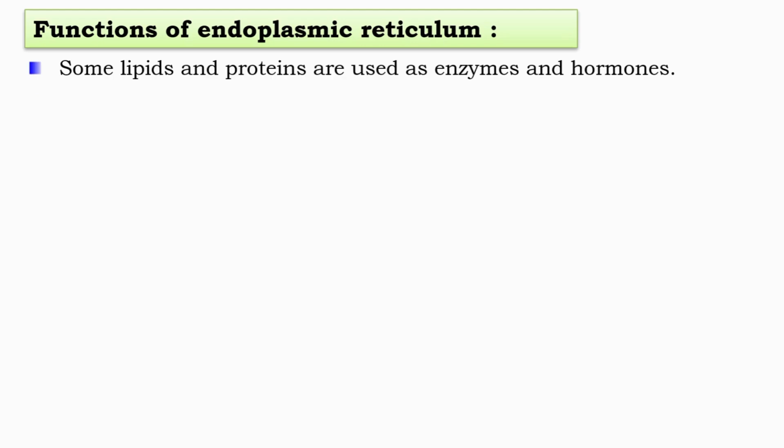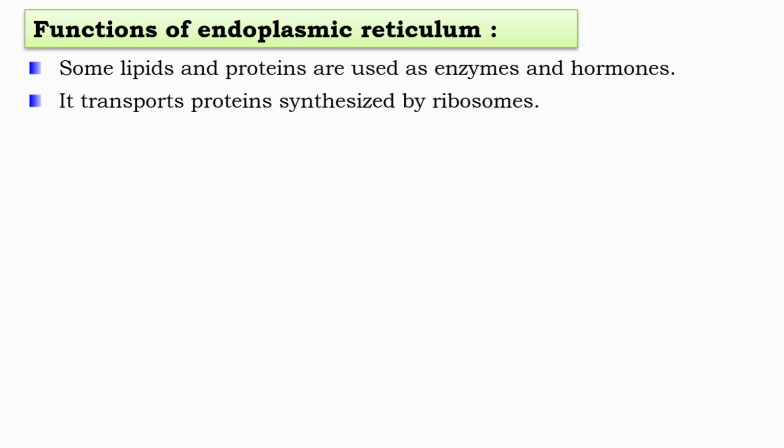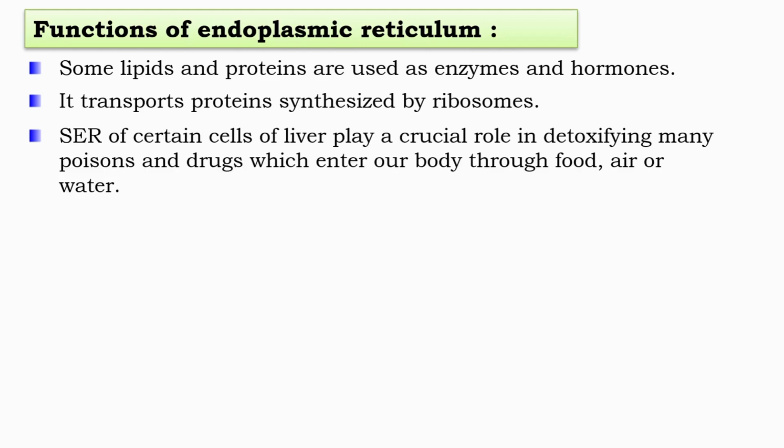Some lipids and proteins are used as enzymes and hormones. It transports proteins synthesized by ribosomes. SER of certain cells of the liver plays a crucial role in detoxifying many poisons and drugs which enter our body through food, air, or water.